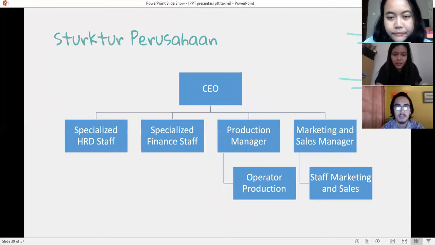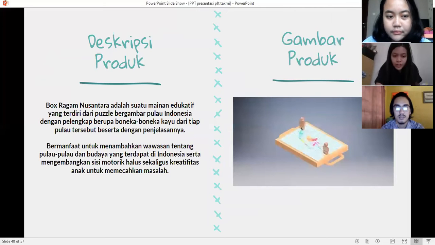Next. This slide is our organization structure that is used to organize workers. Next. The next one is our product description.